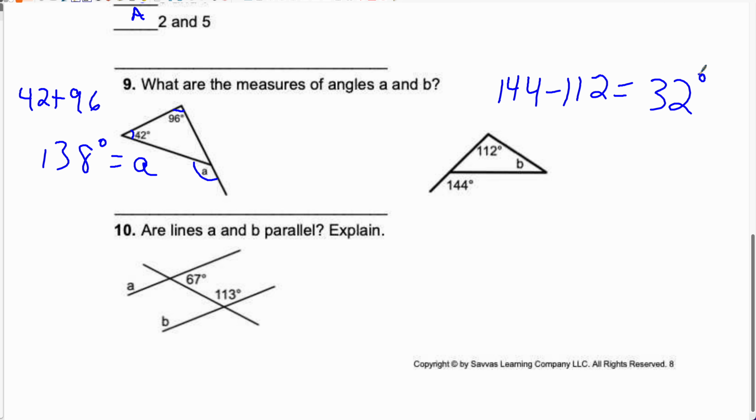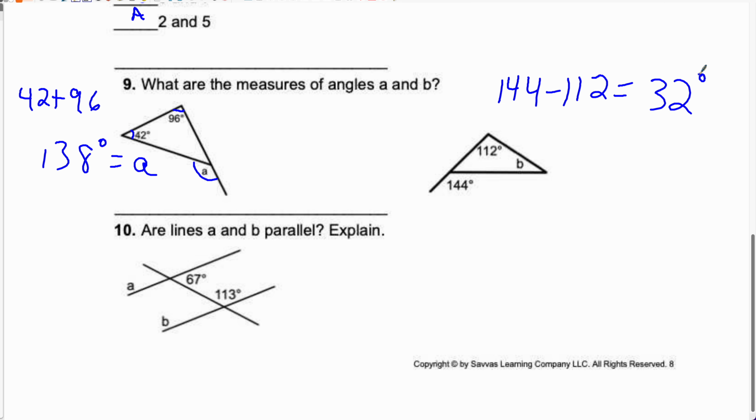What type of angles are the 67 degree and the 113 degree angle? Not adjacent, because they're not made up of the same two lines. They're not same side interior angles. Our same side, what is the relationship between same side interior angles? What are they supposed to be?